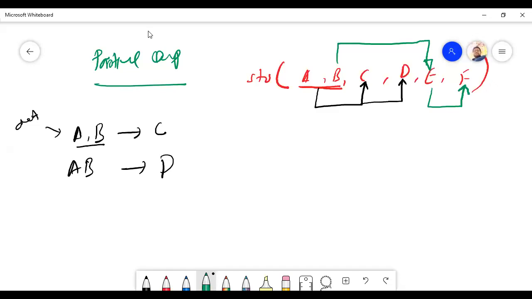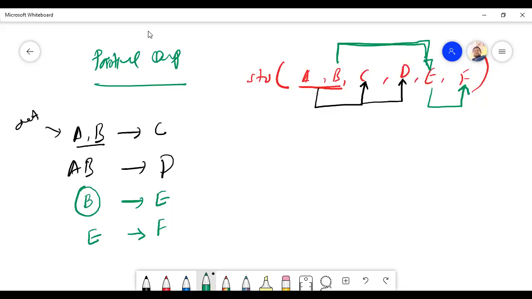See, E depends on only B, only B, not A. You can see here, only B. Okay, try to understand. Next one, F depends on E.